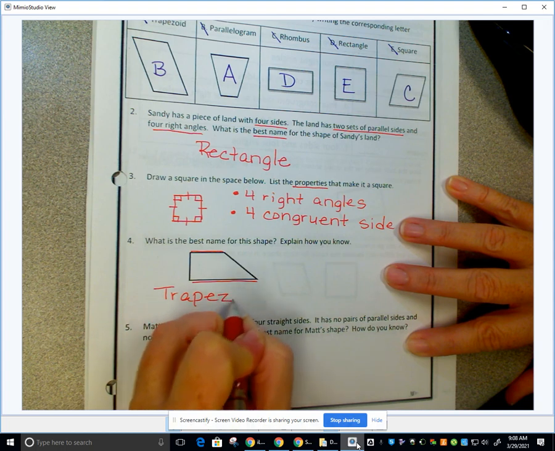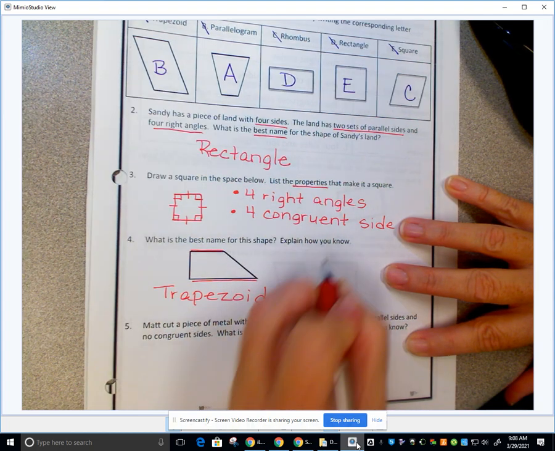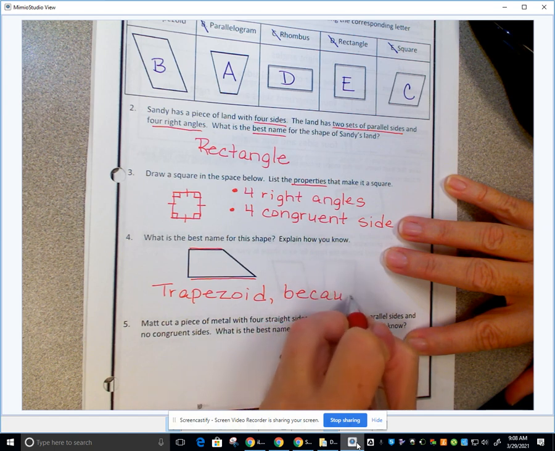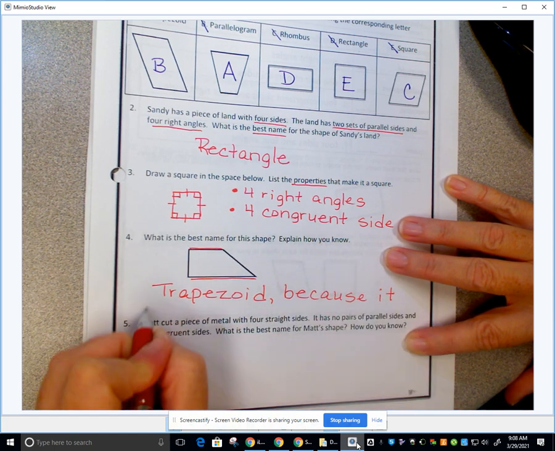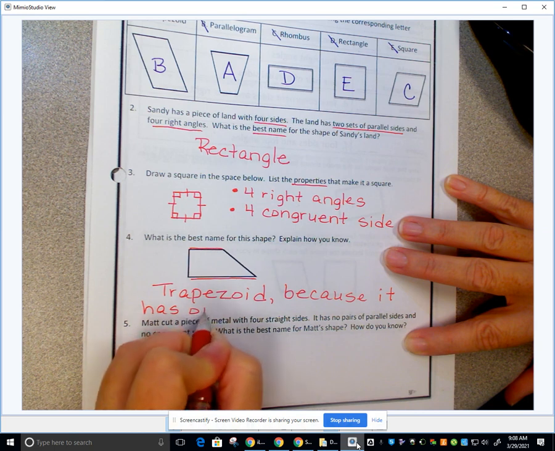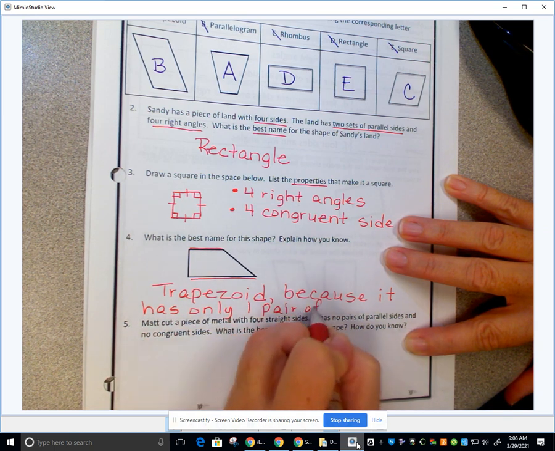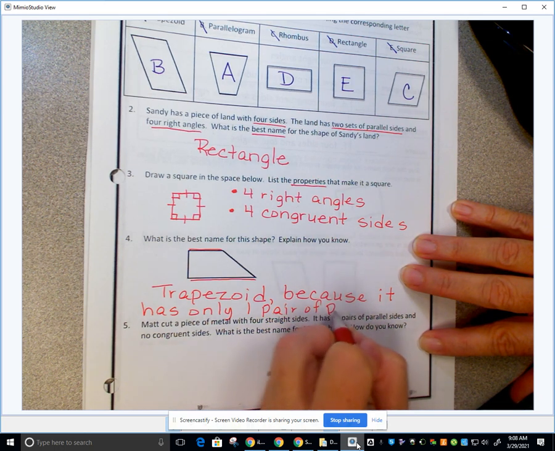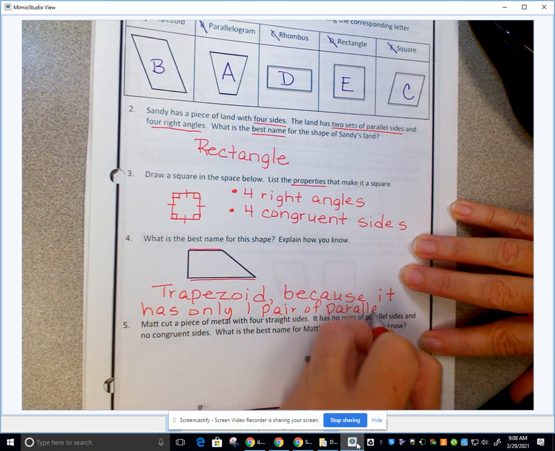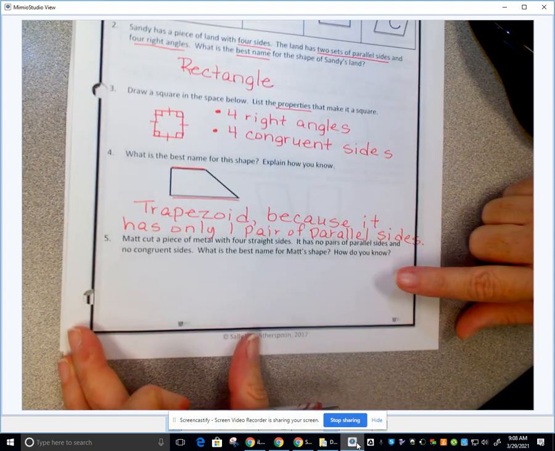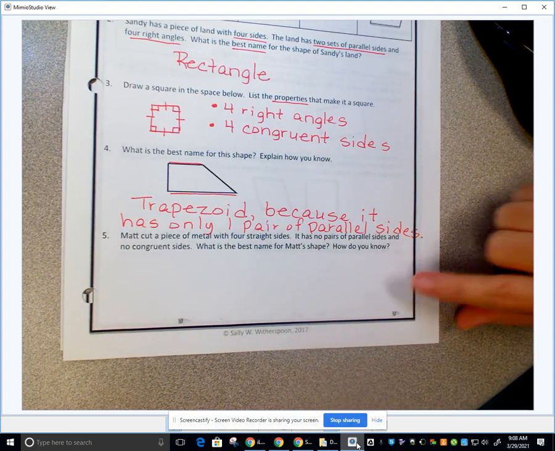It says explain how you know. Trapezoid because it has only 1 pair of parallel sides. Okay, now let's come down at the bottom.